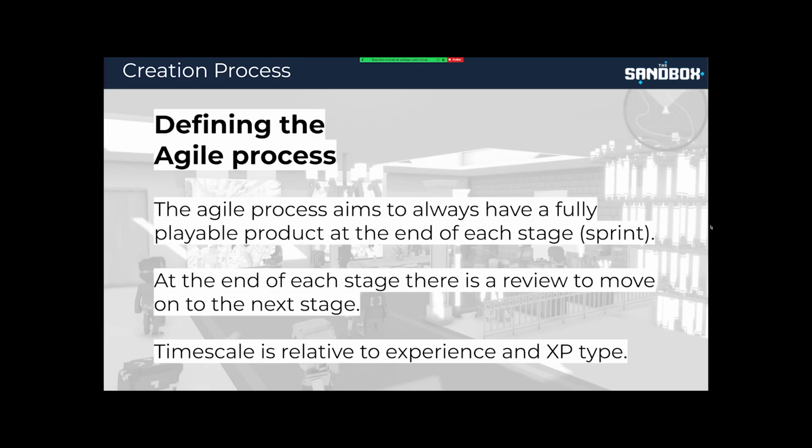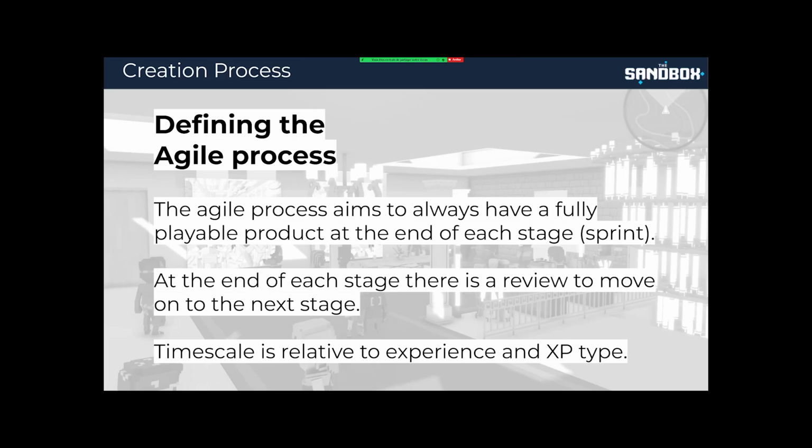I want to specify that this part of the presentation has been made thanks to the help of Mark Stephenson, who is helping us create some processes within the sandbox. So thank you, Mark, for that. And this is the basic of the agile process.